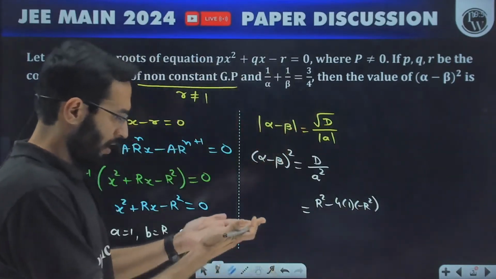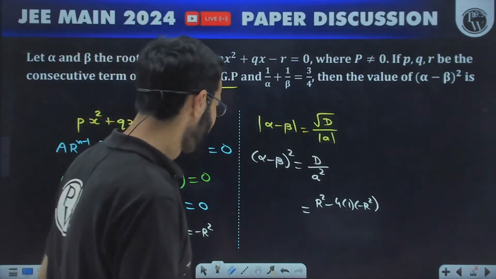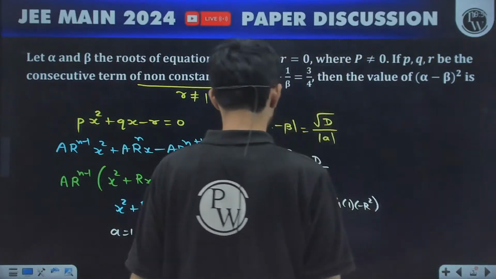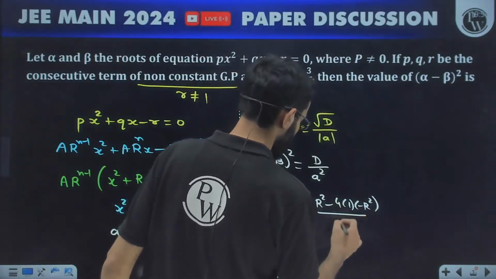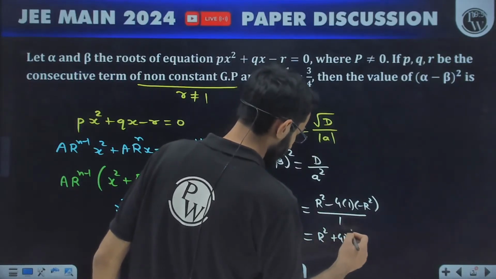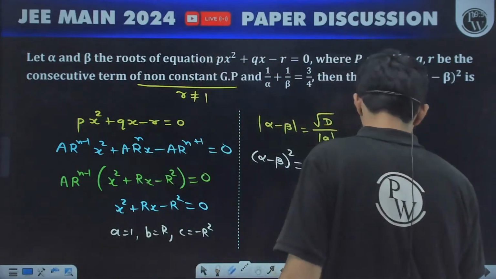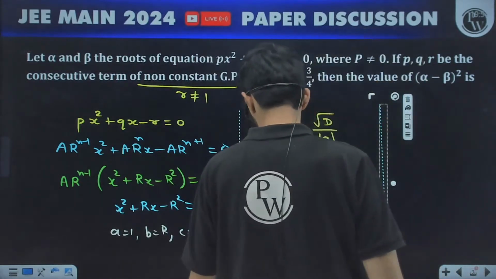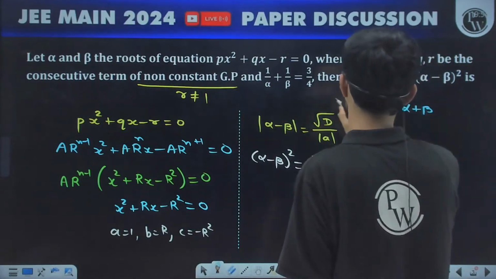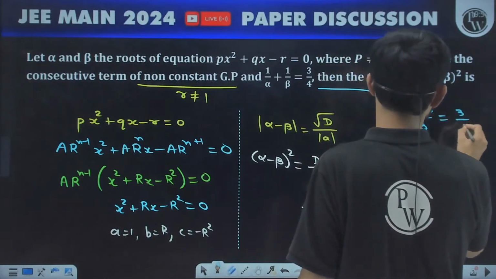R square minus 4 times minus r square upon a square, that is nothing but 1 only. That will give you r square plus 4r square, nothing but 5r square. To get this value, I need to find r, and for that they gave us the value of 1 upon alpha plus 1 upon beta as 3 by 4. If I simplify this, alpha plus beta upon alpha into beta will become 3 by 4.